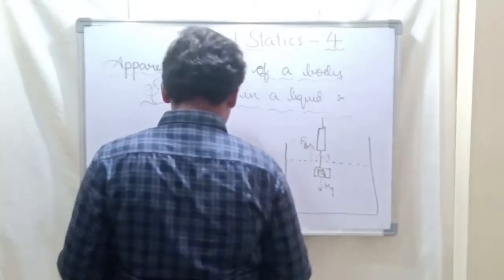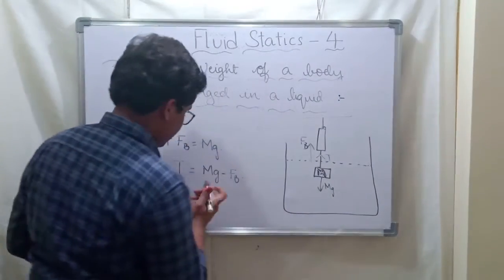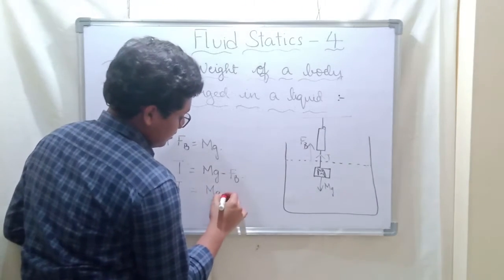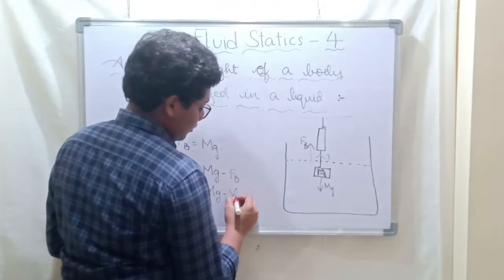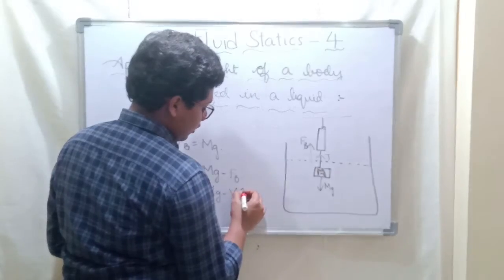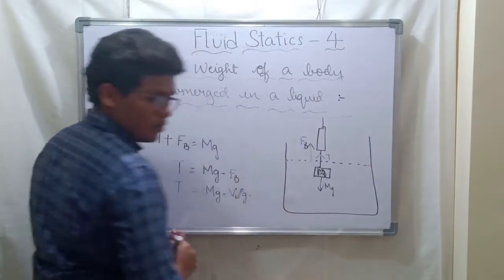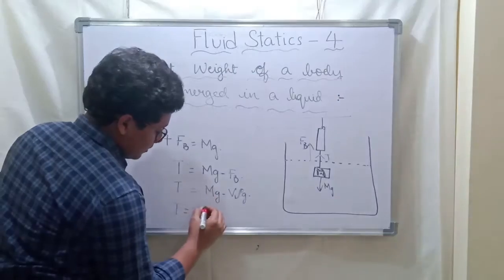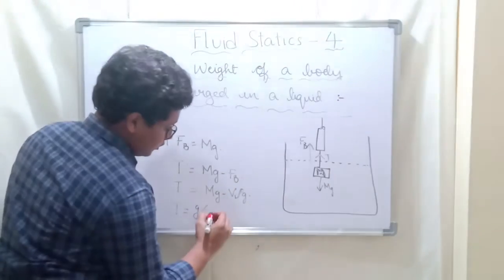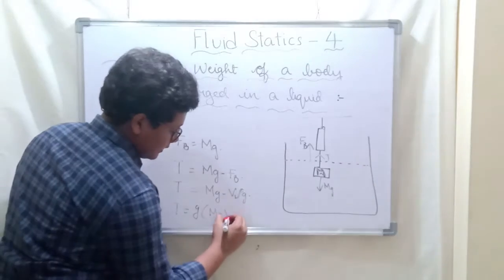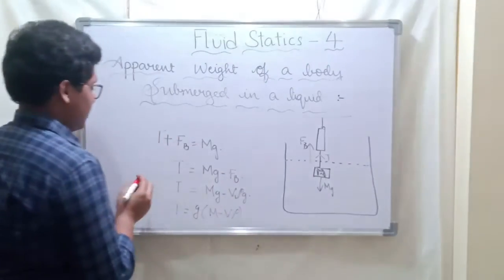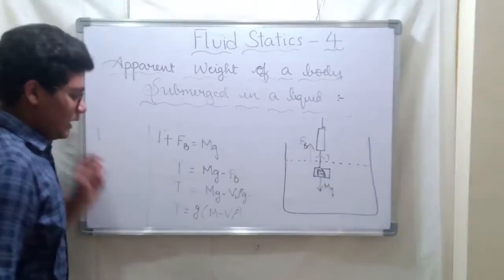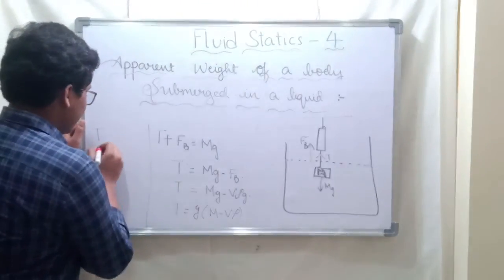Okay, I'll write the formula first. T equals mg minus rho L into volume into gravity. Here we'll take g common. So m minus V rho. Here T by g is the reading.